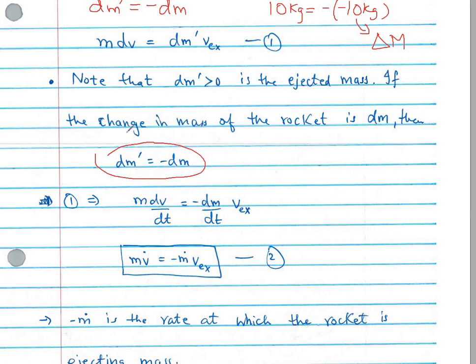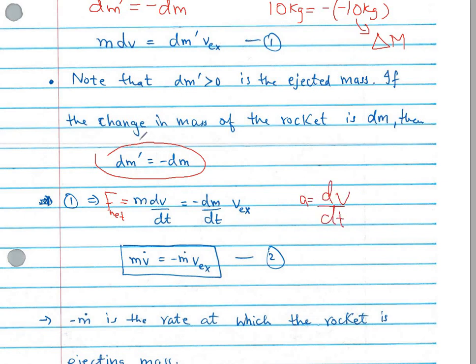But before that, let's divide over by dt, and write the equation in terms of Newton's second law, the equation of motion. So this is F net, let's say, on the rocket. It's m dv by dt, where dv by dt is the acceleration of the rocket.